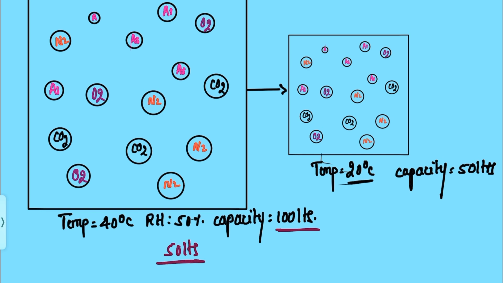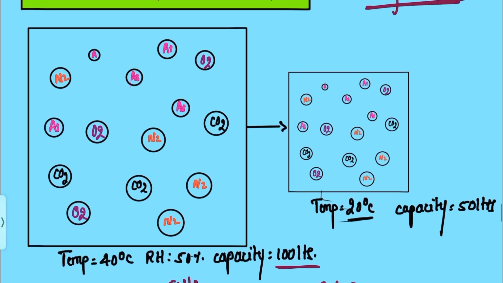Relative humidity is the present amount divided by holding capacity. So holding capacity is 100 liters, present amount is 50 liters, so RH is 50%. So the present amount is 50 liters. If we decrease the temperature, okay, let's say we go from here because of the fall in temperature.